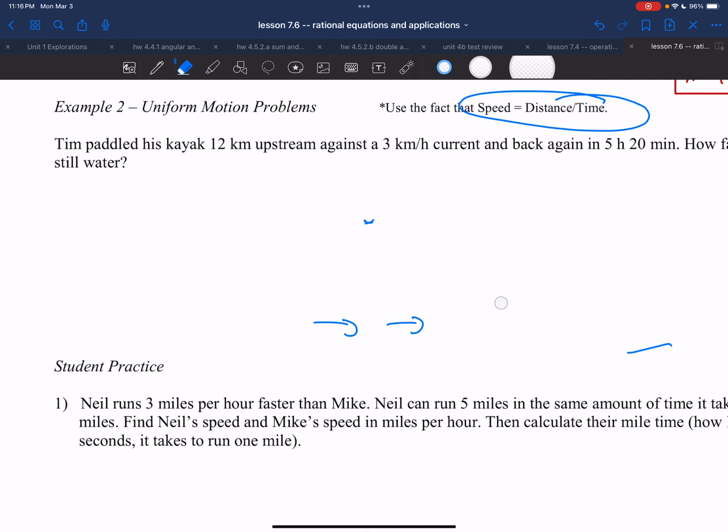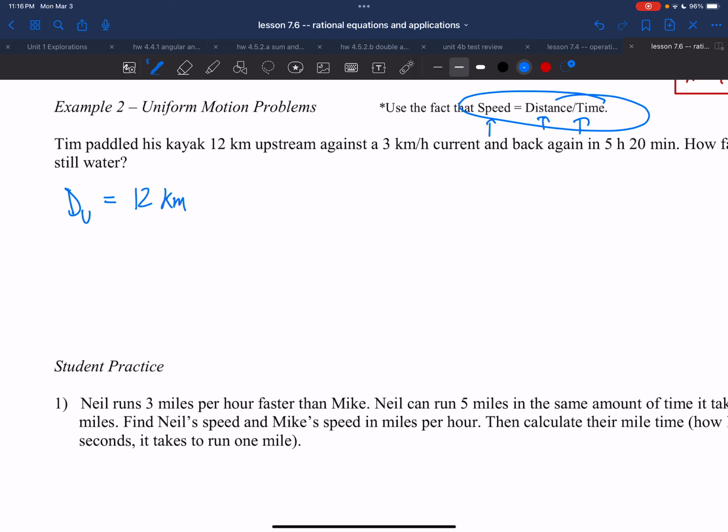So let's break down what variables we know here. We've got speed, distance, and time, and we're going two directions, upstream and downstream. So I'm going to break this up. Distance upstream, I'm going to use D for distance. It's 12 kilometers.